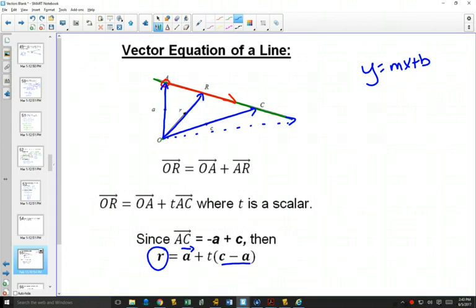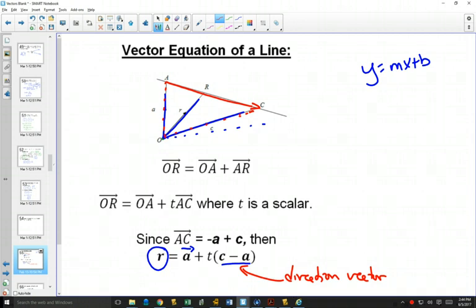Does that make sense, that if I wanted to say this direction from A to C, I'd have to go minus A plus C to get there? And that'll be my direction vector. So C minus A, we'll call this a direction vector because it's telling us which way that we're going.